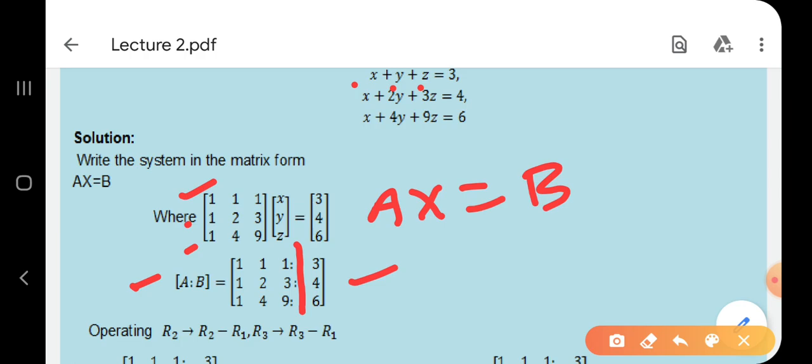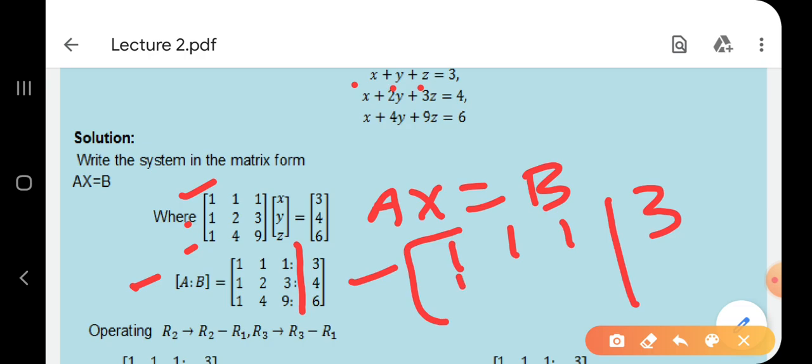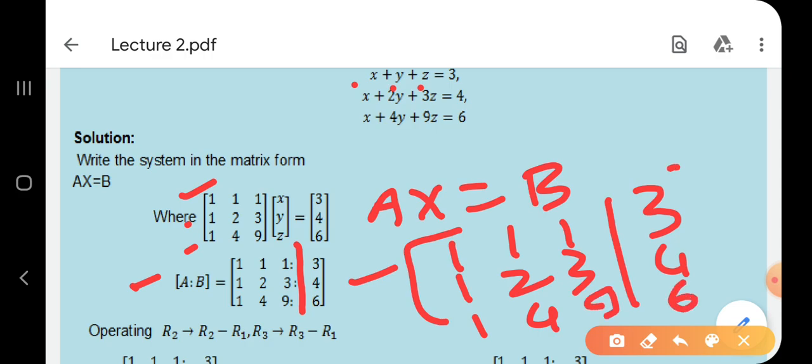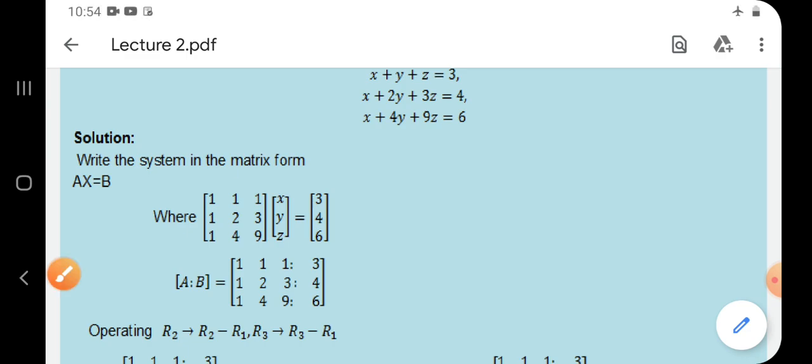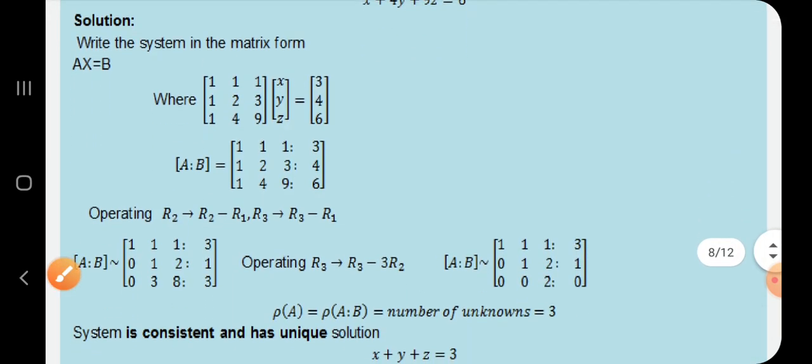You may write it this way: 1, 1, 1, then a line, 3, then 1, 2, 3, 4, next 1, 4, 9, 6. You may write this way or A colon B, that is also correct. As you want, you decide and take it.